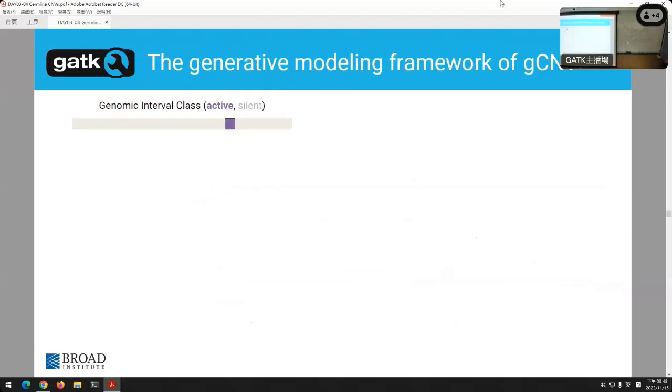Okay, so the first underlying parameter that we look at is genomic interval class. Some areas of the genome are active. Those are the common CNV hotspots where we see a lot of copy number variation in the population. And a lot of the genome is silent, where copy number variation is quite rare.